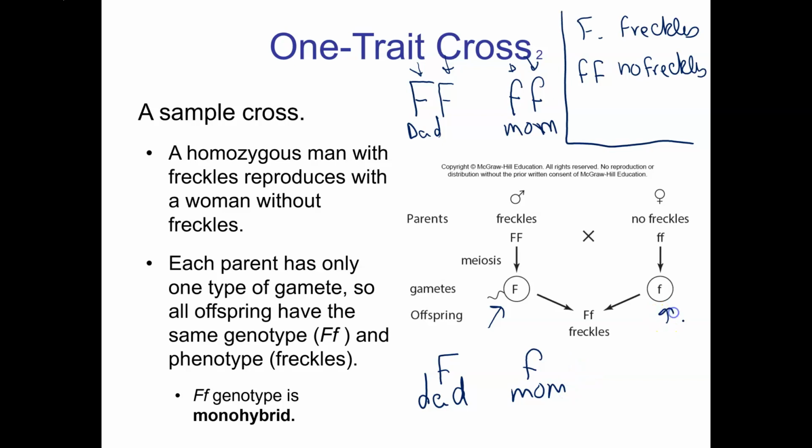Dad is big F, and he's giving a gamete of one big F. Mom is little f, and she's giving her gamete of one little f. So the offspring are going to get a big F from dad and a little f from mom, which means every one of the offspring is going to be heterozygous and is going to show freckles.